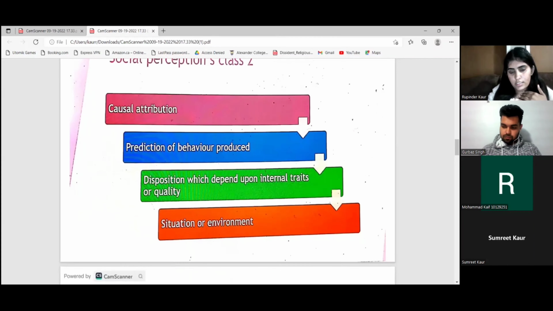In this we can also say the person is happy or sad, or can do a thing or not. It also depends upon the situation or environment, how the environment is surrounding the person, whether the person is happy or sad, due to which the person can do anything.